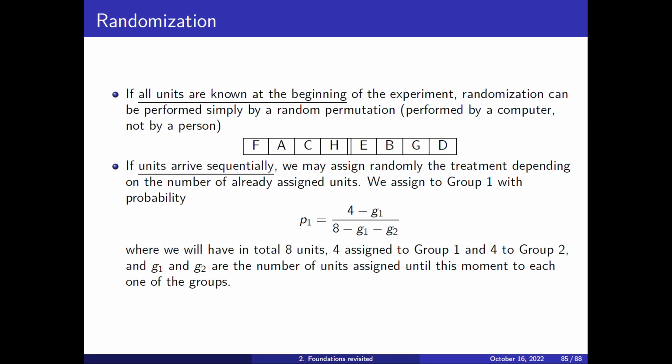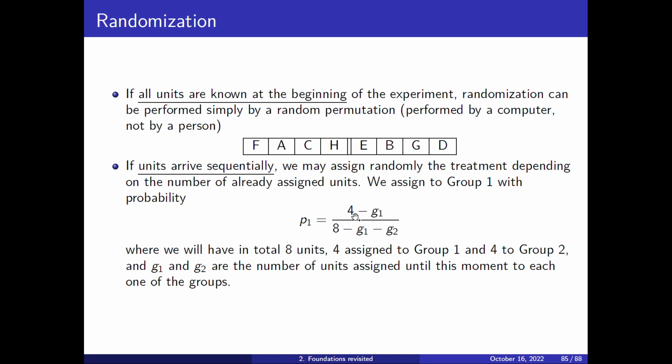So this is a very easy way of making both groups more or less equally balanced until the end, and at the end you're sure that they will be absolutely balanced. The idea is that you assign to group 1 with probability P1, and this P1 makes use of the total size.